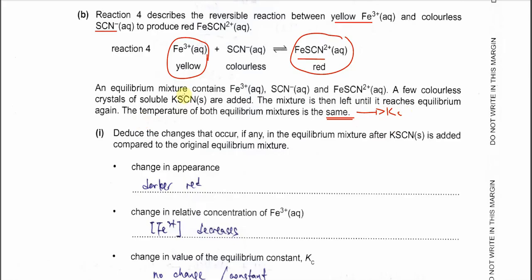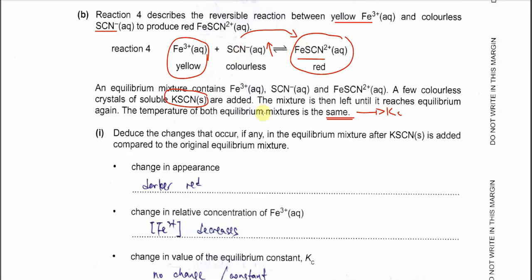Now, what is added is actually the SCN negative, because when this salt dissociates, it will produce this anion. When this anion increases, the equilibrium will shift to the right hand side to reduce the concentration of this anion.